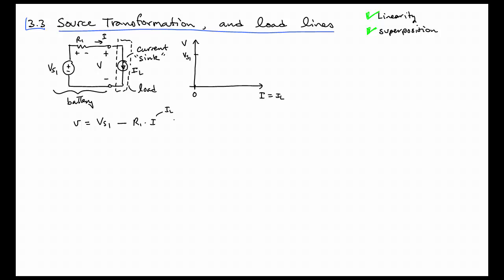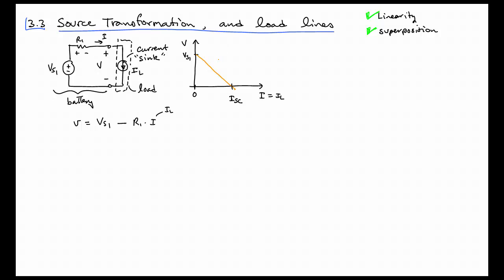That's the equation of a straight line, and it in fact does have a y-intercept at VS1, and it has a slope of minus R1. And we will draw a straight line here, and it will cross the horizontal axis at some current I, and I'm going to call it ISC.